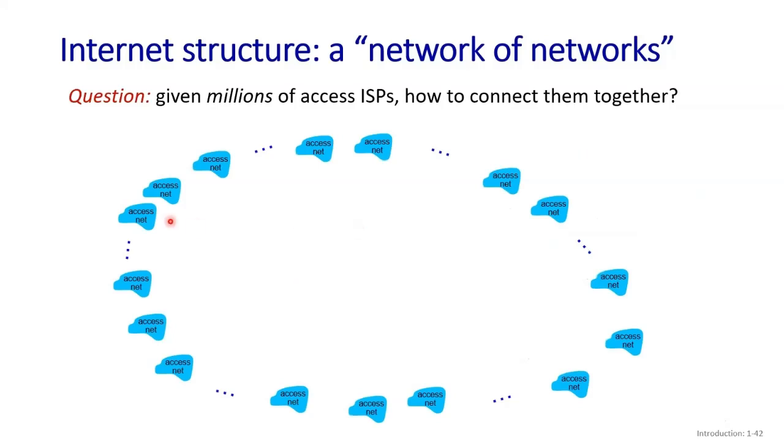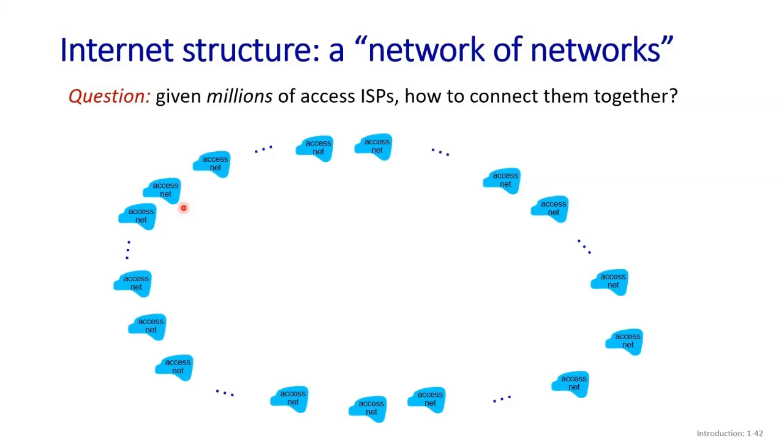Suppose we have millions and billions of access networks. Suppose you're using DSL, you're connected to the internet using DSL. Your telephone company in this case is the ISP, or you might be using a cable-based internet.